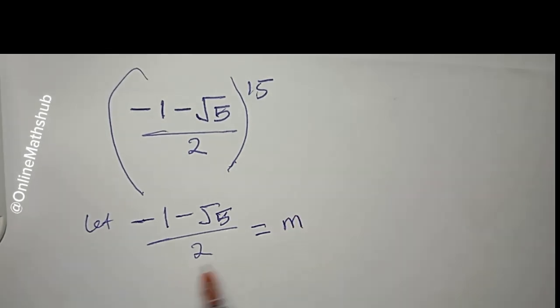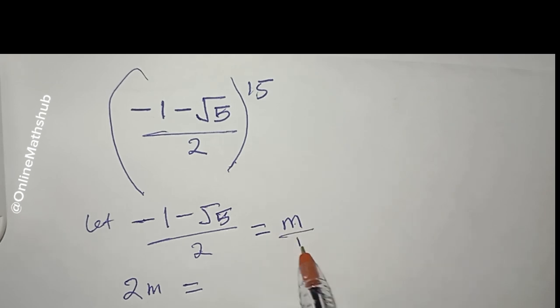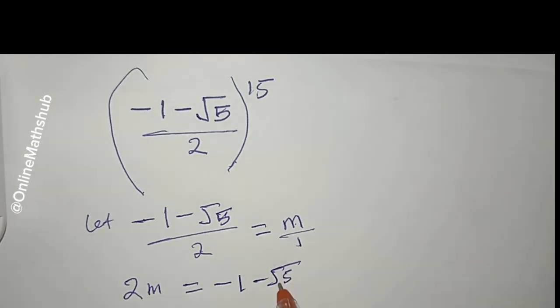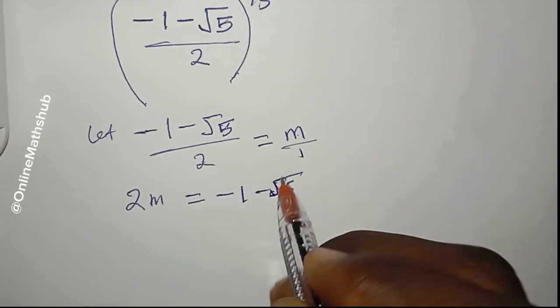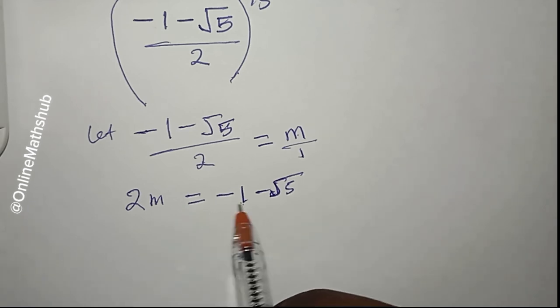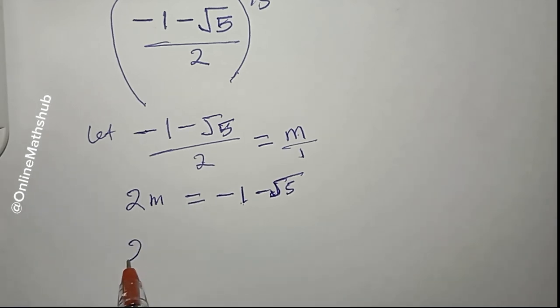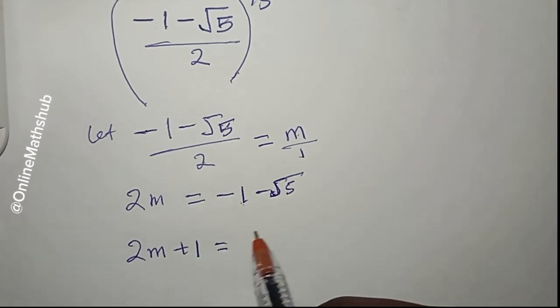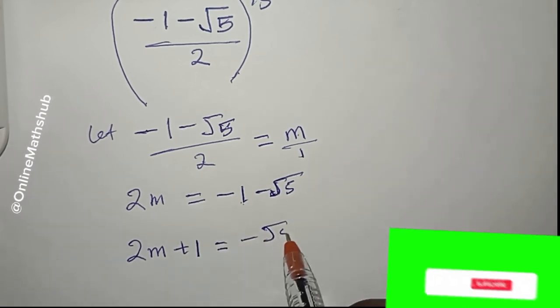From here we can do cross multiplication, so that 2m is equal to the numerator, which is -1 - root 5. Next, we move the 1 to the left hand side, so I have 2m + 1 = -root 5.